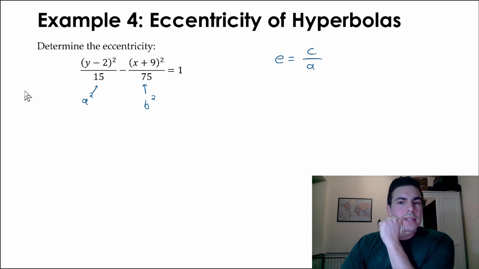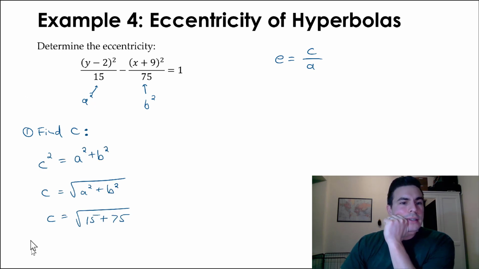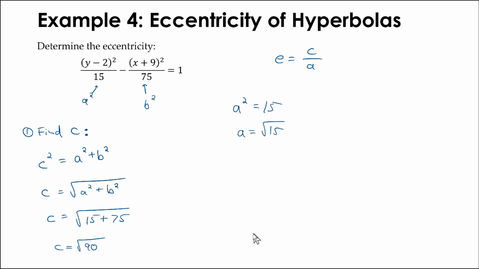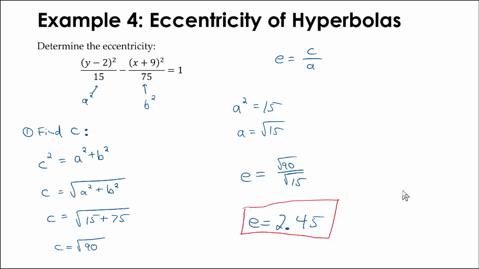All we need to do is find c, and we have this relationship here for c, which we can use to easily find c, because we already have a squared and b squared. So c is going to be the square root of 90. I've got a squared equals 15, so a equals square root of 15. So e is going to be root 90 over root 15, and if I plug that into my calculator, I get 2.45.